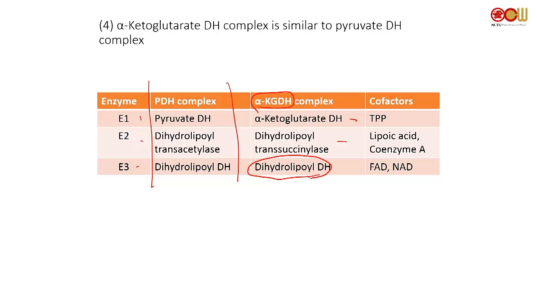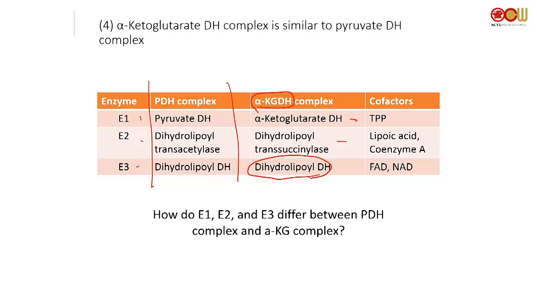Okay, so in E. coli, for example, E3 is shared between alpha ketoglutarate dehydrogenase and pyruvate dehydrogenase. So this one is actually the same enzyme, but these guys have to be different. Okay, now you should think about why. You should think about why I say that E3 can be the same enzyme, whereas E1 and E2 have their own enzymes.